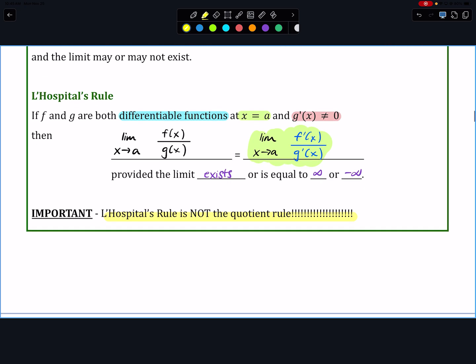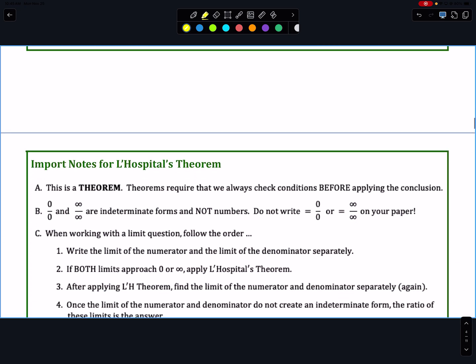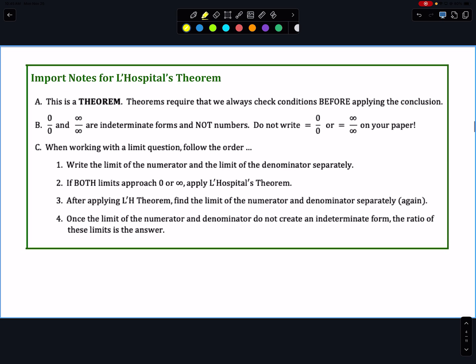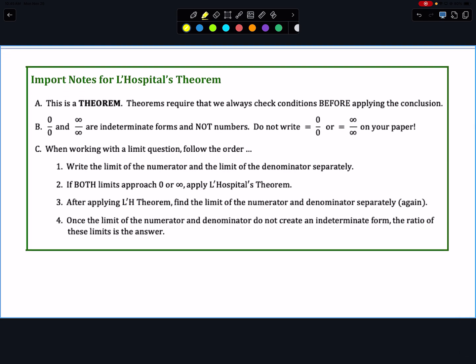To save us time, I just gave you this next box, and I want you to highlight a couple things. So this is an awesome rule, but like I said, I don't want you to lose points on the AP test. So there are certain criteria you have to write down before you just apply it.